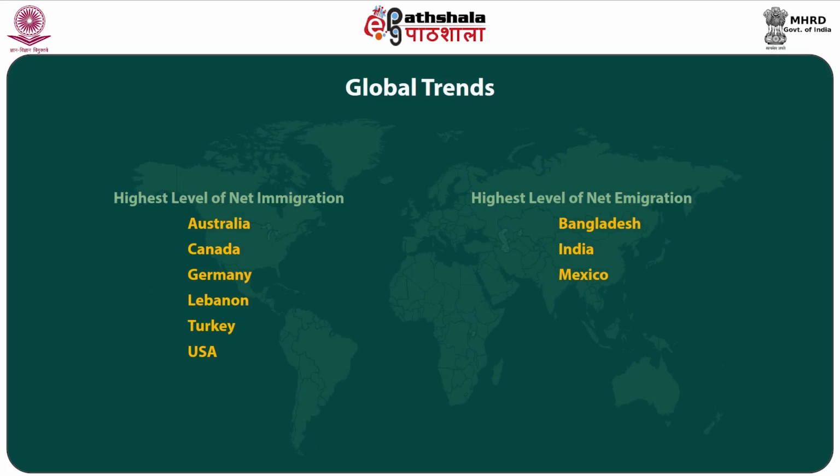Between 2010 and 2015, Australia, Canada, Germany, Lebanon, Turkey and the USA were among the countries with the highest levels of net immigration. On the other hand, Bangladesh, India and Mexico ranked among the countries with the highest levels of net emigration.